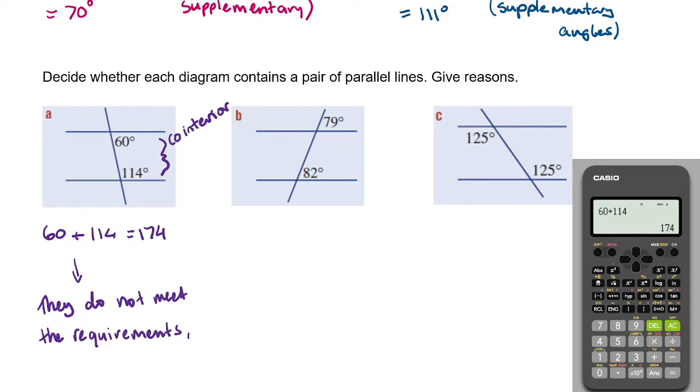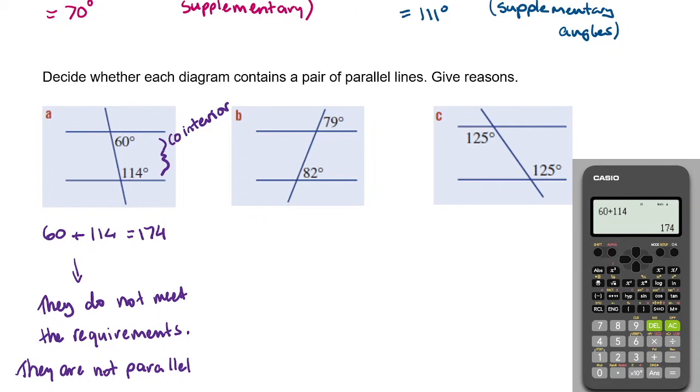Our requirements are to sum to 180 degrees. They are not parallel. Okay, so that's our first pair out of the way.